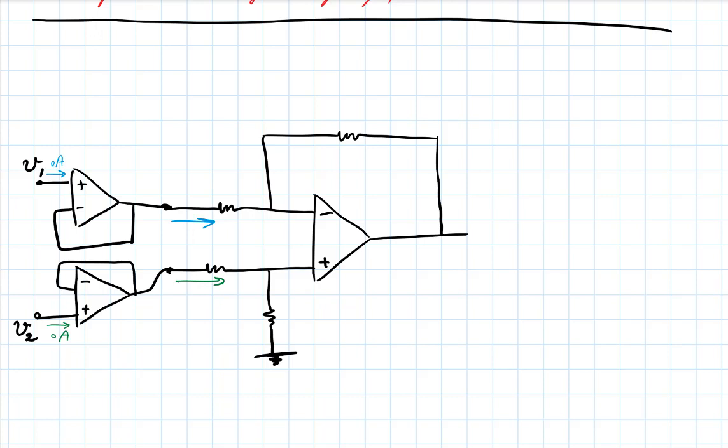This is the simple version of what you would call an instrumentation amplifier.